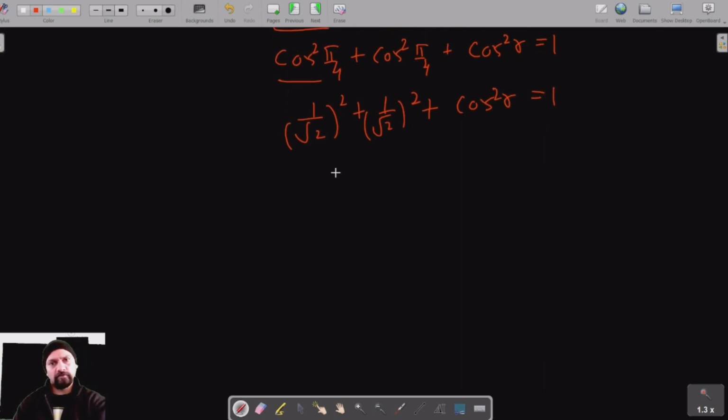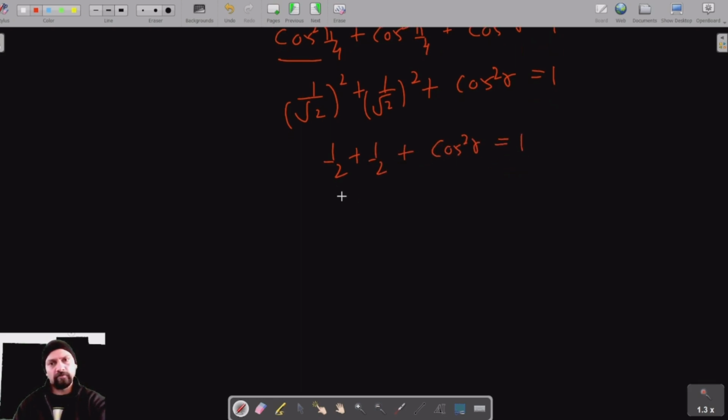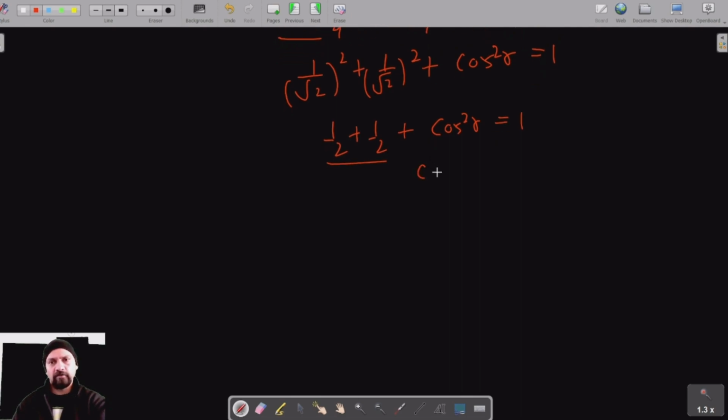Now 1 by root 2 square is 1 by 2 plus 1 by 2 plus cos square gamma is equal to 1. So half and half is 1, and cos square gamma is 1 minus 1 is equal to 0. So cos gamma is equal to 0, and we know that cos of 90 is 0.